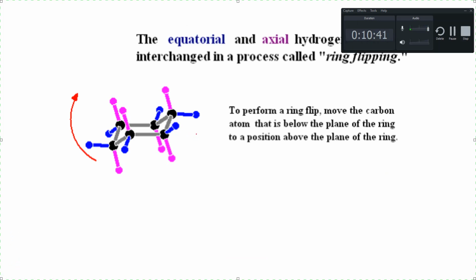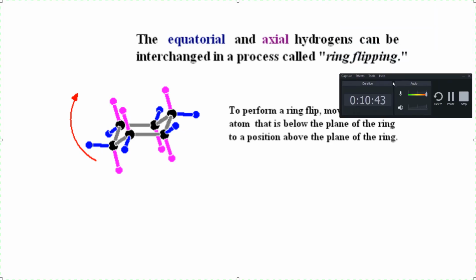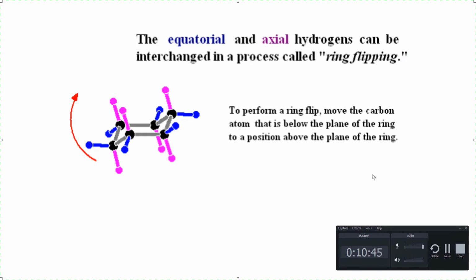One of the things that happens in a cyclohexane ring is that it undergoes a process which is called ring flipping. Now, ring flipping is kind of a misnomer. I'm not flipping anything per se. I'm not actually rotating or flipping the ring upside down.